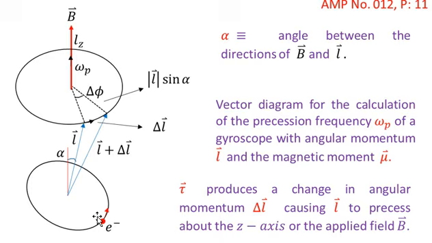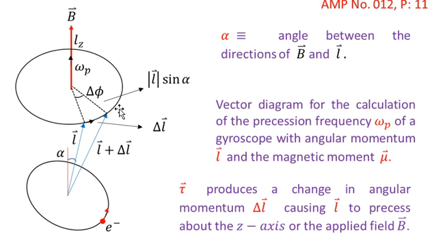When this electron moves in its loop, the vector L will carry out a precessional motion. This precessional motion is shown in the form of a loop over here.